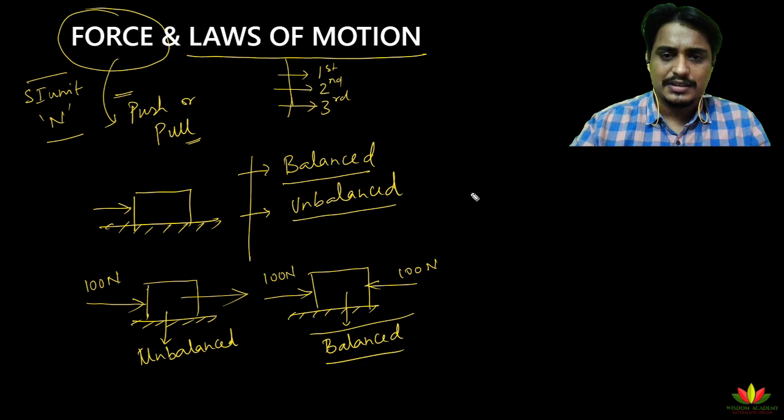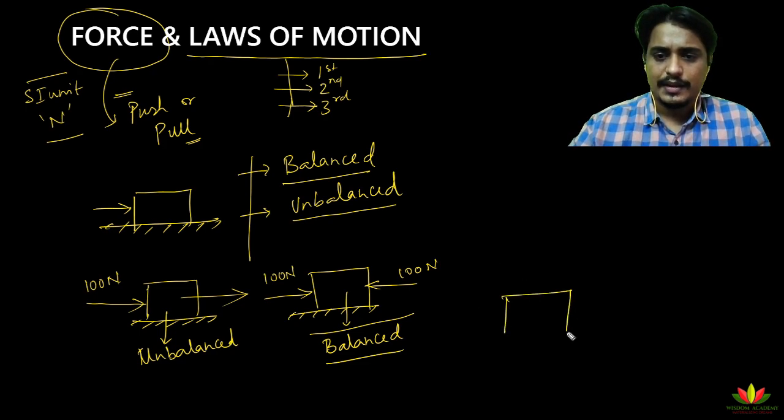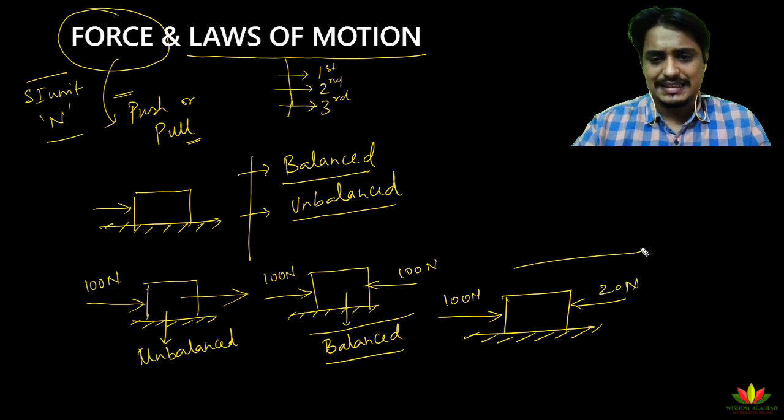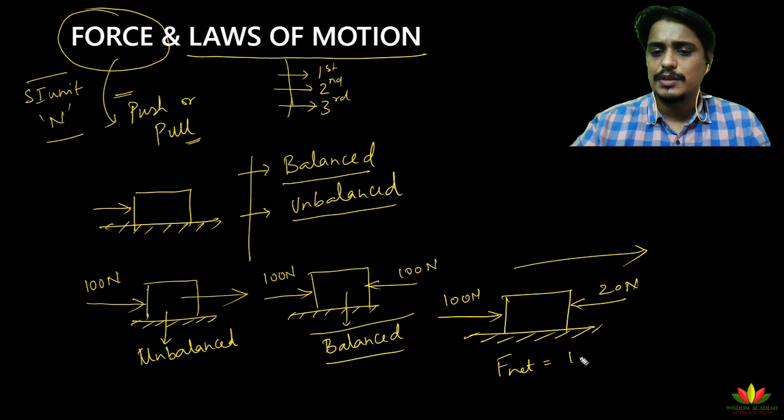For example, there is an object and you are applying two forces: one is 100 Newton in this direction and another is 20 Newton in the opposite direction. Will the object move? Yes, in this direction, because 100 is more than 20. And with what force will it move? The net force will always be equal to the higher force minus the lower force, that is 100 minus 20. So it will move with a net force of 80 Newton.